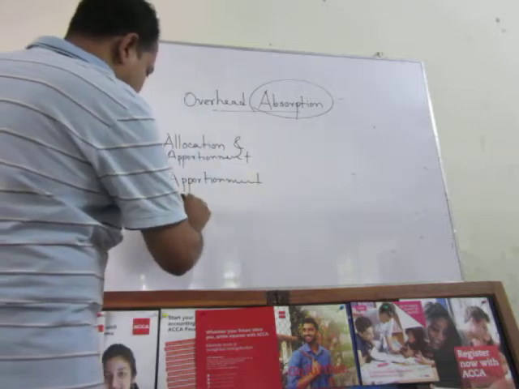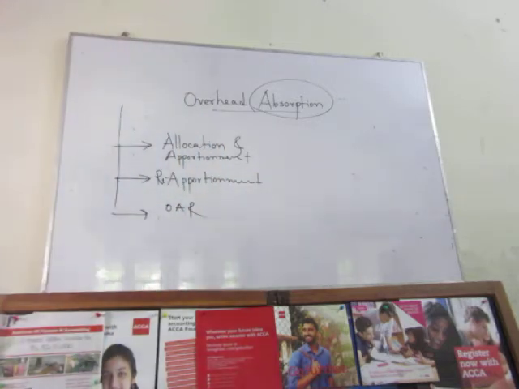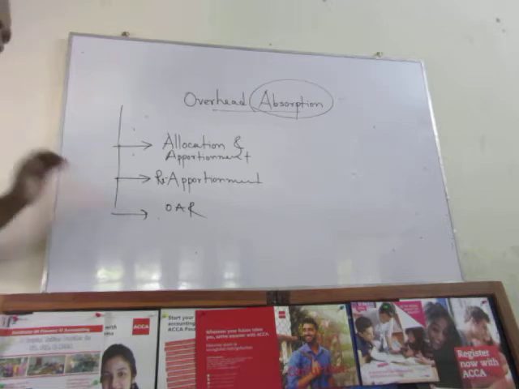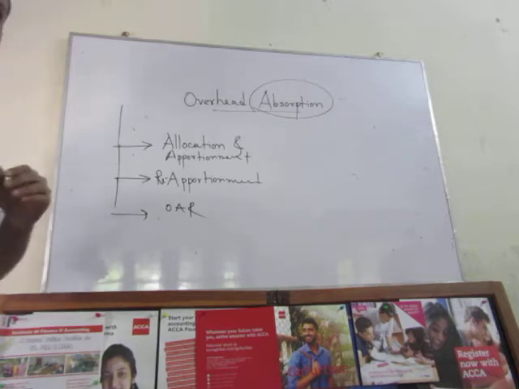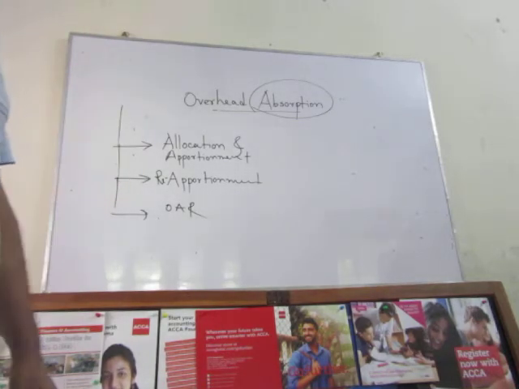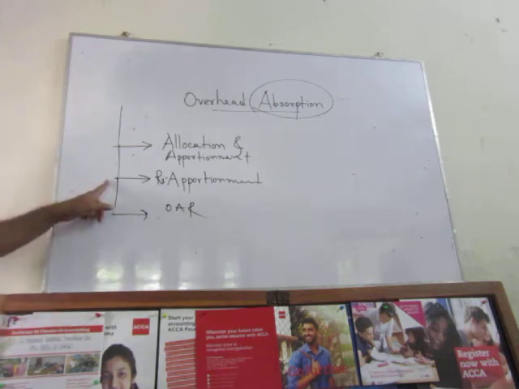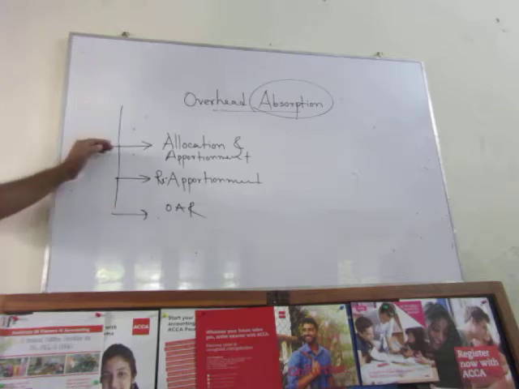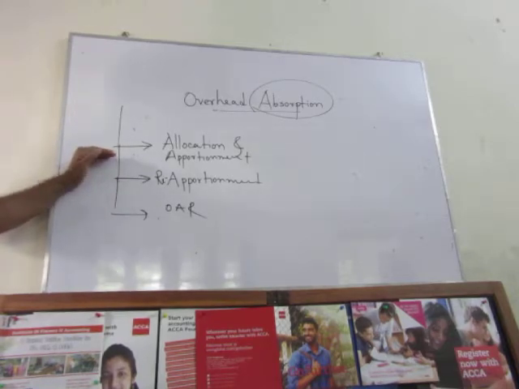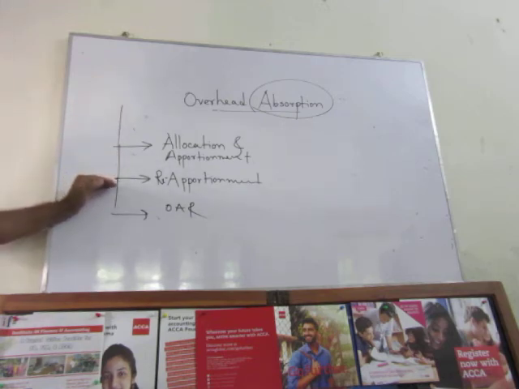And OAR. These are the 3 sequential stages. Why? Because whimsically you cannot go for making the reapportionment. Each stage will start at the end of the previous stage. The previous stage will finish, then the next stage will start.